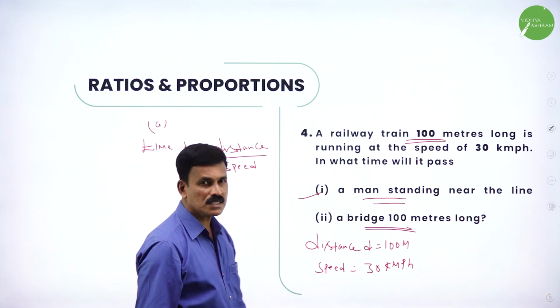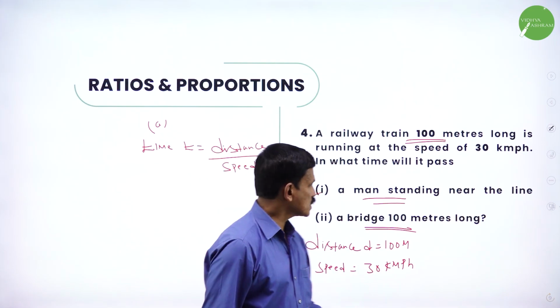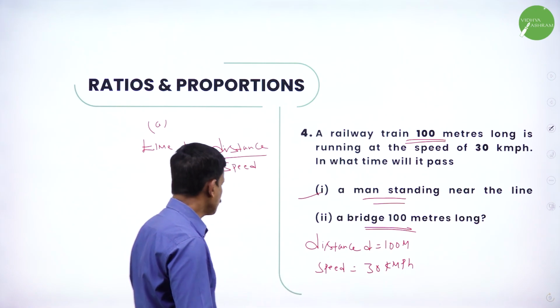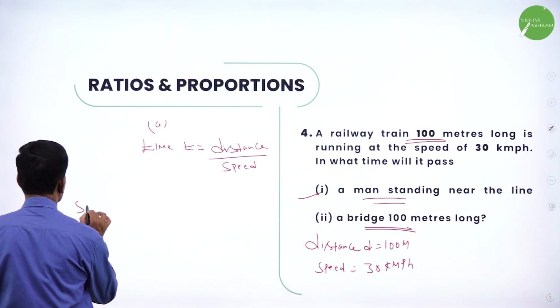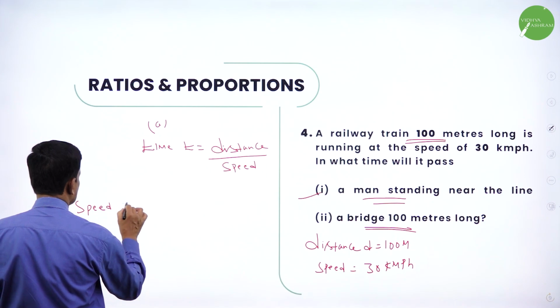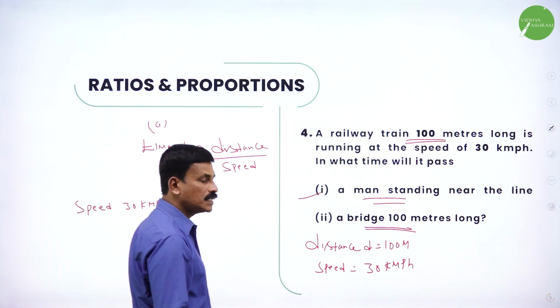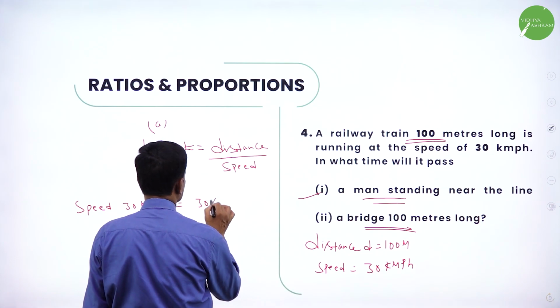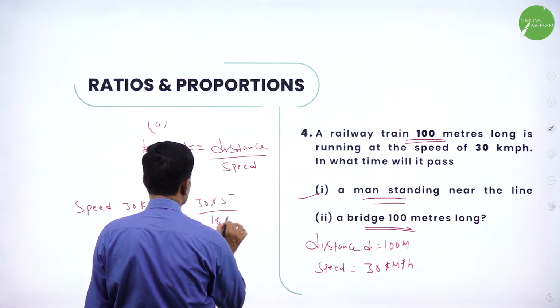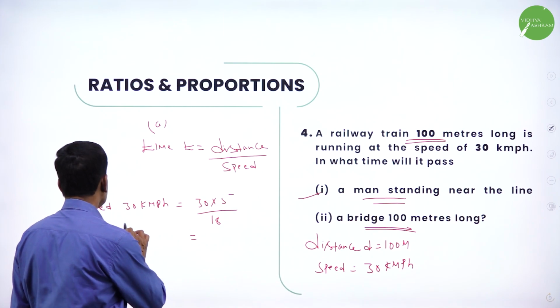Okay, distance by the speed. Now first convert the speed to meters per second. So the speed 30 kilometers per hour is equal to 30 into 5 divided by 18.